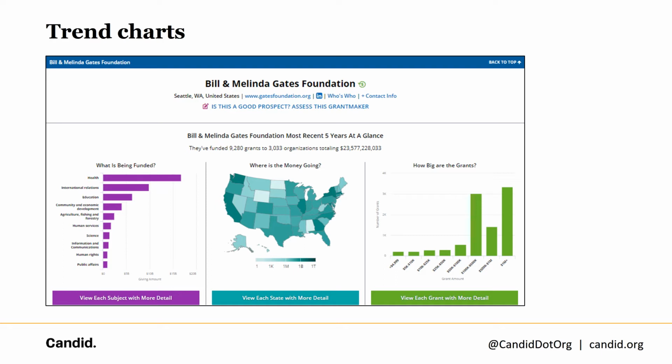They do give smaller grants, and those little short tabs on some of the less than 5,000 dollar ones, that's a lot of grants. So when somebody is as large a foundation as Bill and Melinda Gates, you'll be able to see that they give all across the board. So that's a beneficial way to break down initially whether a profile, a foundation, is going to be helpful to you.